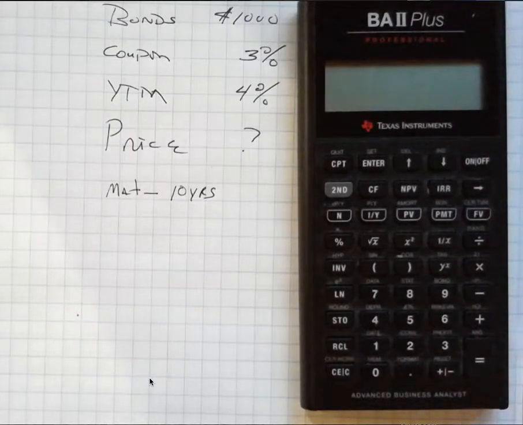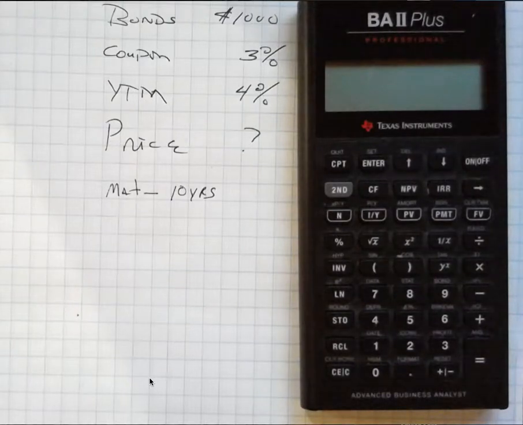You can see we have a coupon rate of 3%, and we have a yield to maturity of 4%. We have a difference. So one thing that we have to understand when we talk about bonds is that when this bond was issued, it was issued with a coupon of 3%.